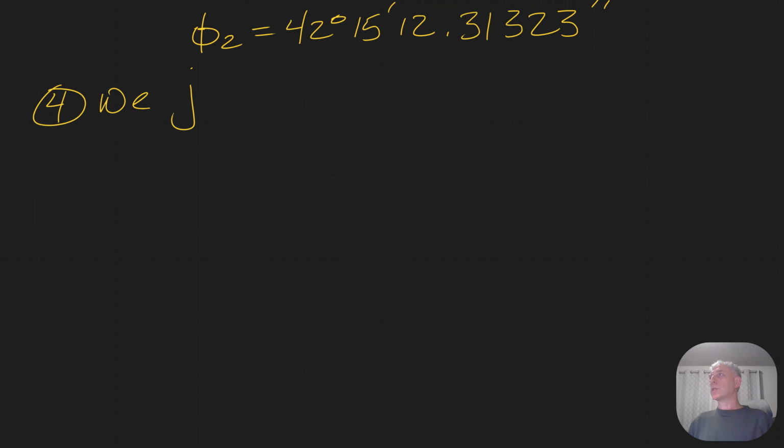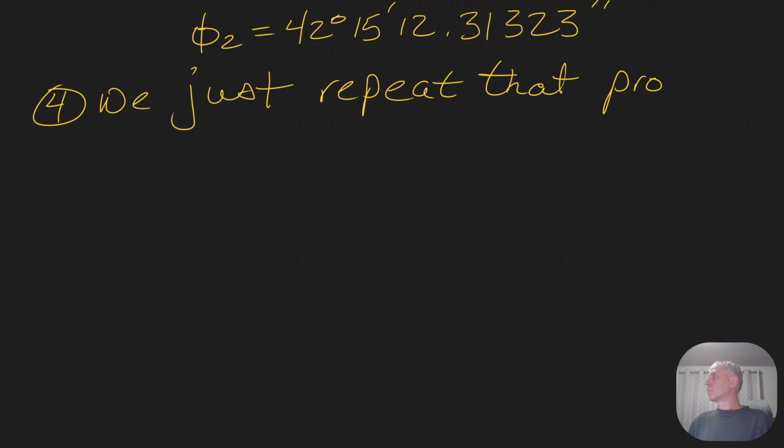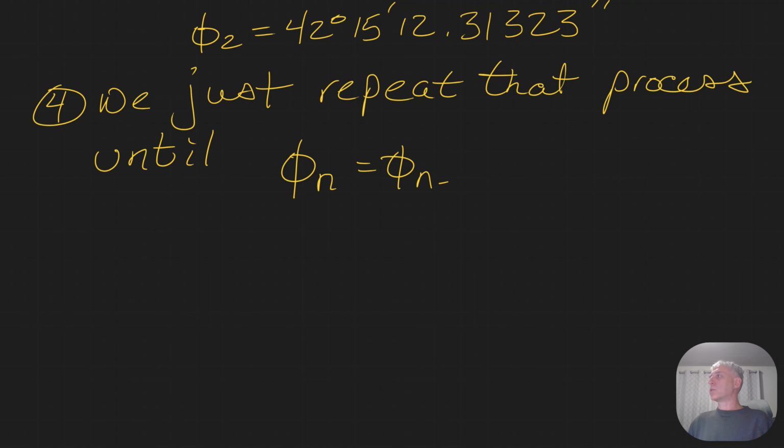So now, step 4, we just repeat that process until there's no change in the latitude. In other words, our phi sub n equals phi sub n minus 1.